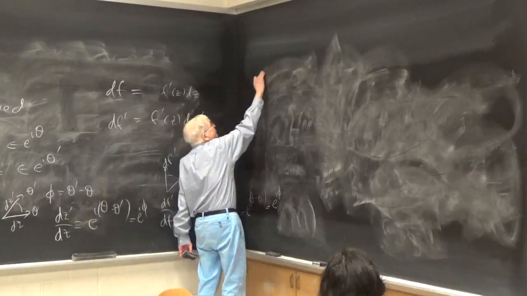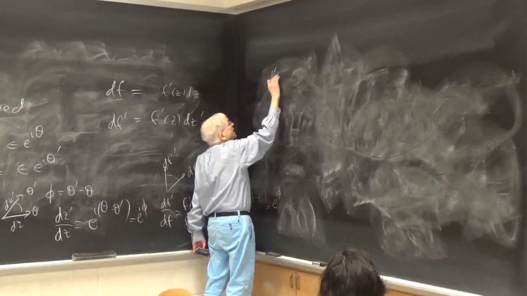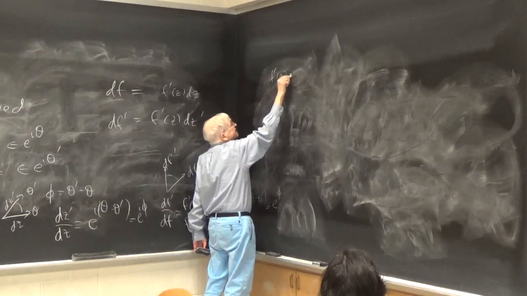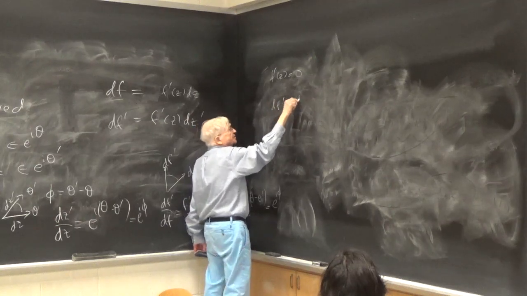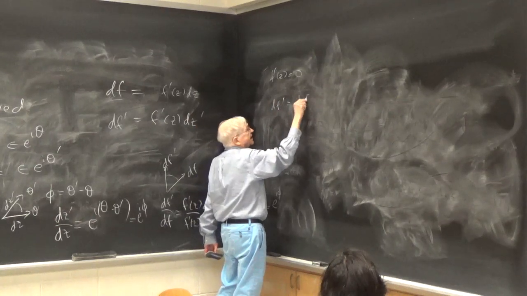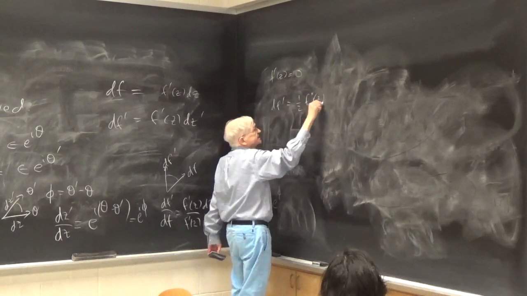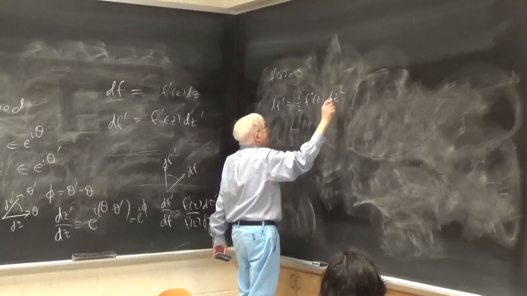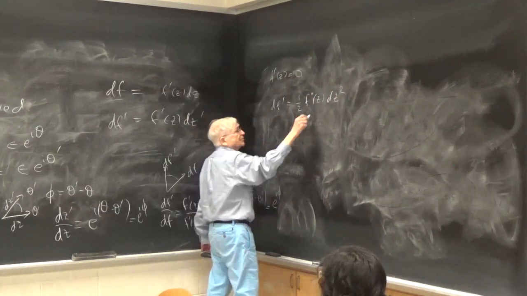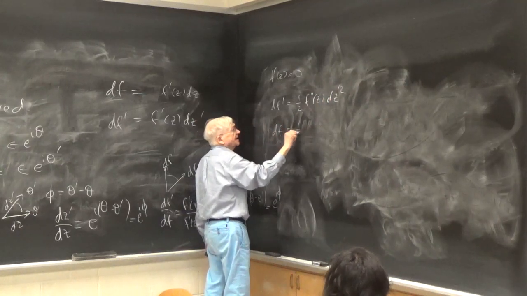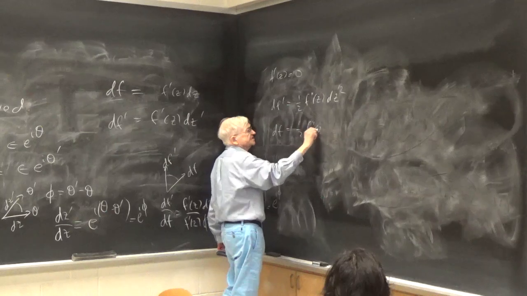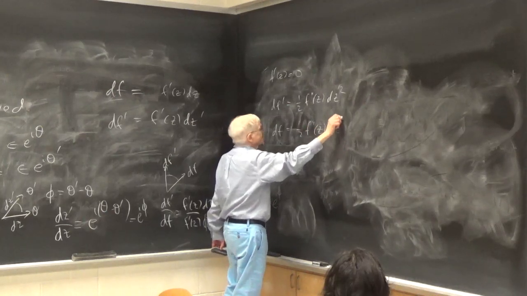So suppose f prime of z is equal to 0, then df prime is going to be 1/2 f double prime of z dz prime squared, and df is going to be 1/2 f double prime of z dz squared.